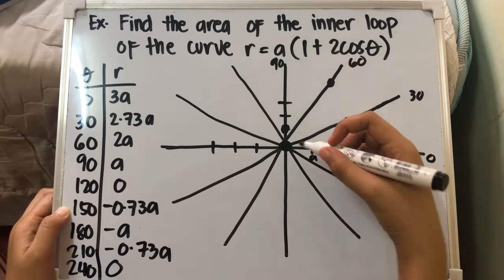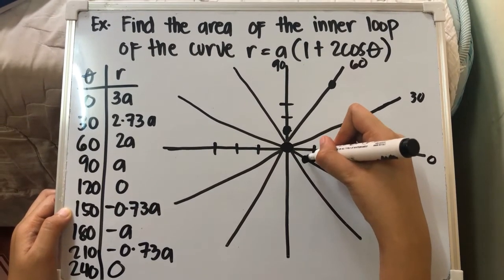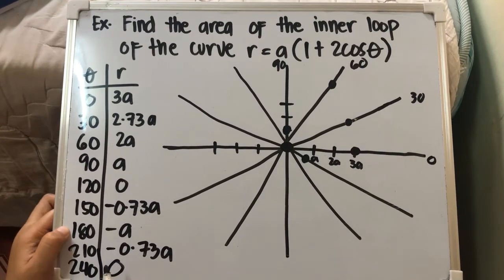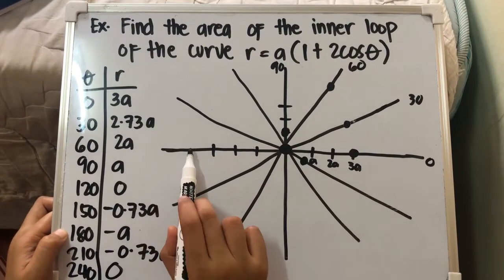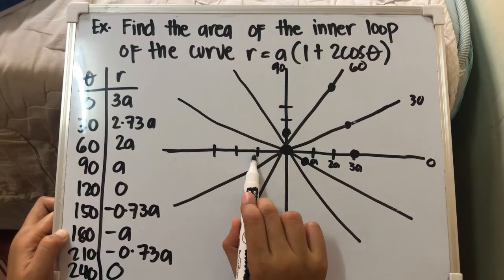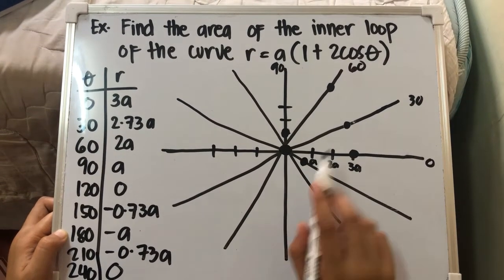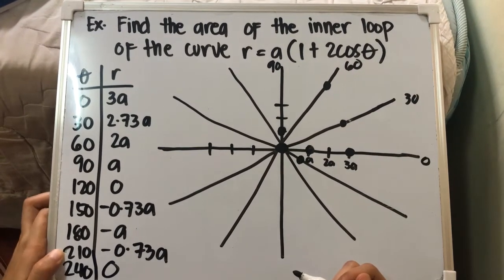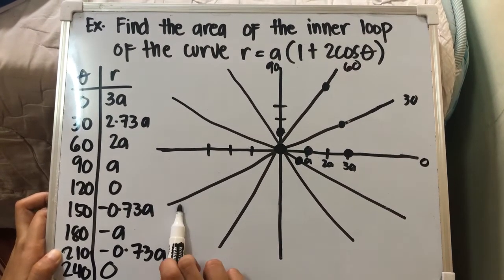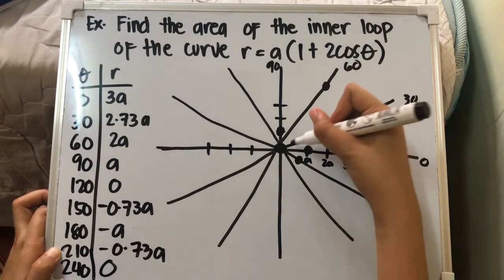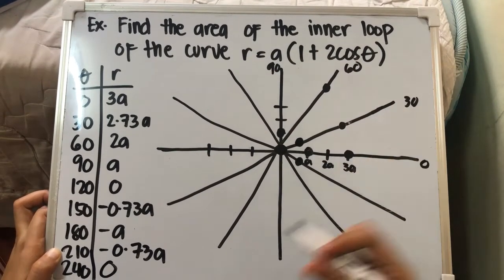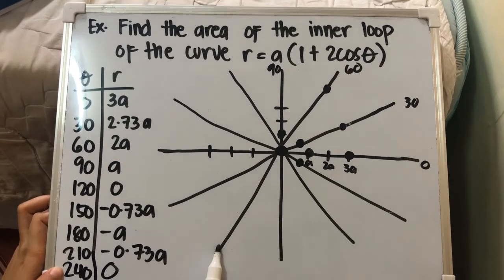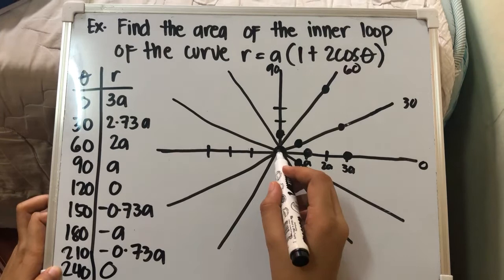So 0.73 is somewhere here before our A. And then for 180 and negative A, this is our 180, this is the positive A, meaning to say this is our negative A, so it's somewhere here. 210 and negative 0.73, that's somewhere here, so it's very small. And 240 and 0, that is here.